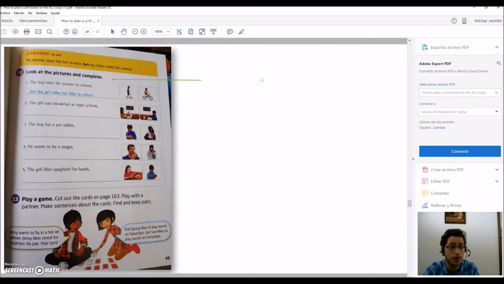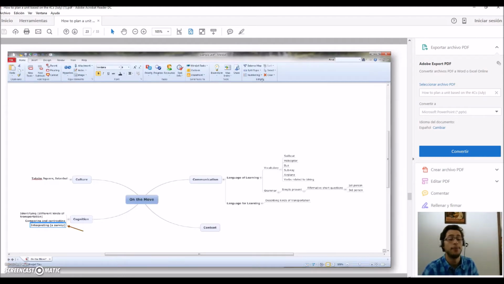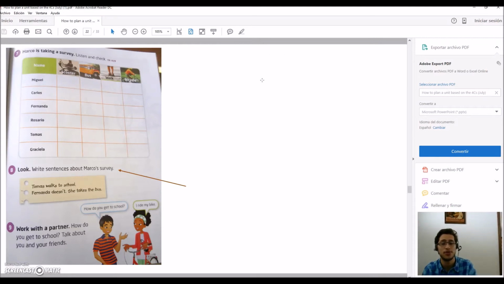For example, if we go back to interpreting a survey, if you see it from the point of view of the thinking processes of the students, on the brain of the students, that can be cognition. But if you see it from the point of view that students are learning how to create a survey or how to deal with a survey, from that point of view, that's going to be language through learning.